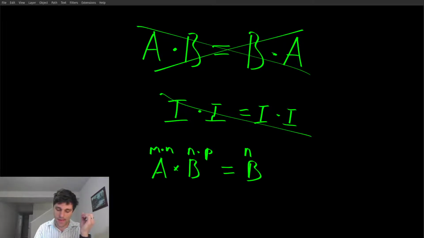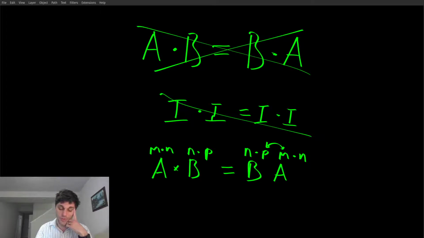You have n by p times matrix A, which is m by n. So it's only even possible to multiply them both ways if p and m are the same, right?